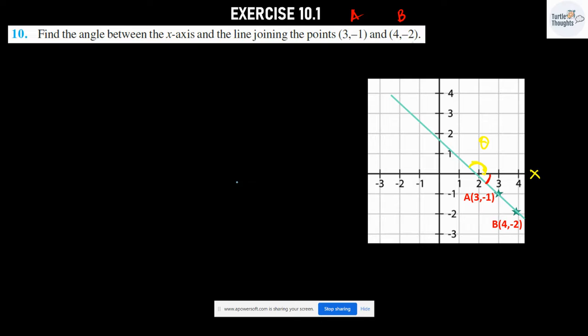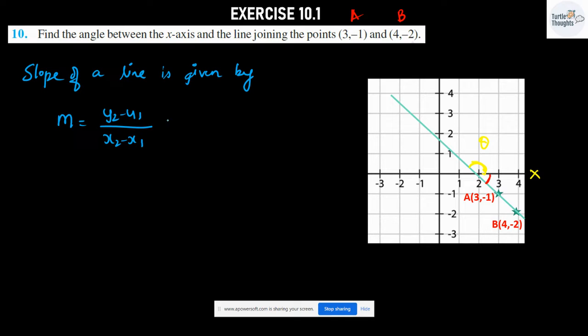So we have to find the angle between them. So how can I find the angle between them? I know that slope of a line is given by m, which is equal to y2 minus y1 divided by x2 minus x1, which is also equal to tan theta.